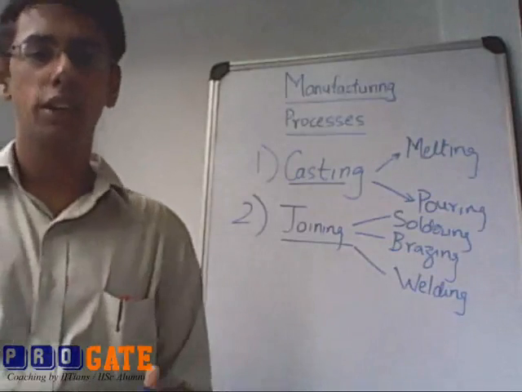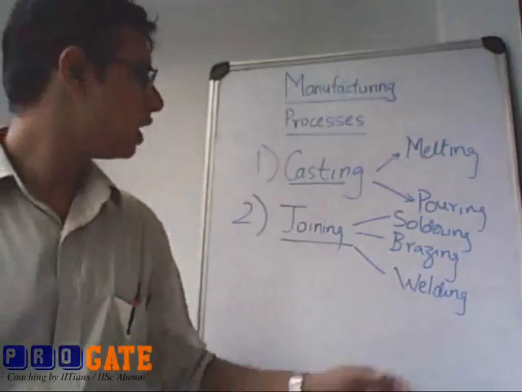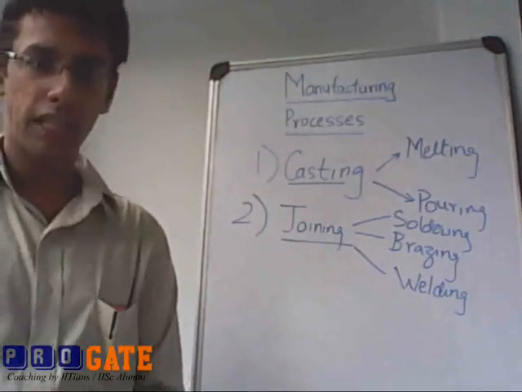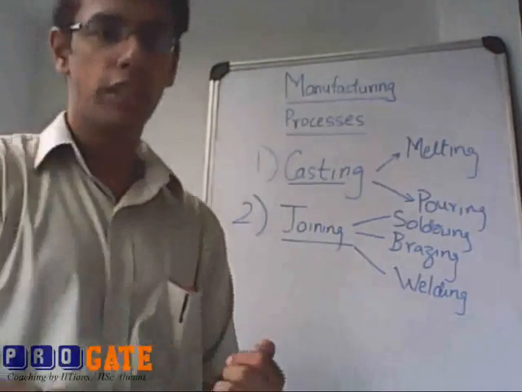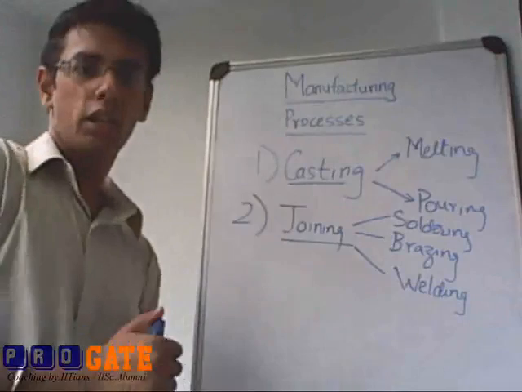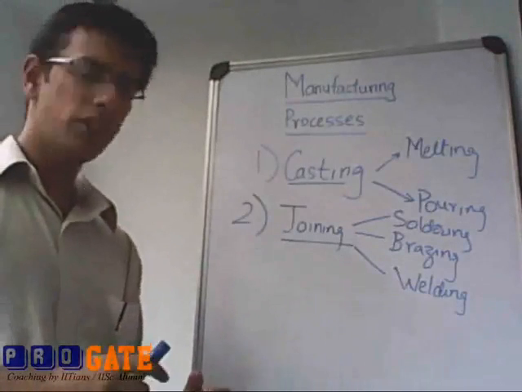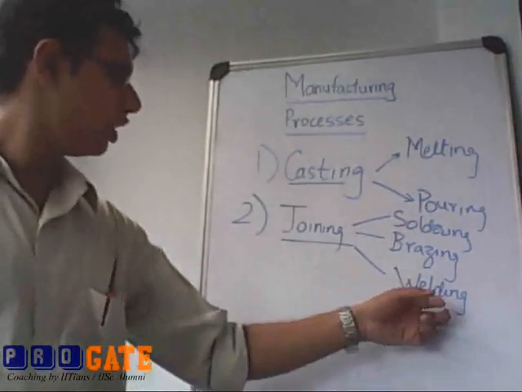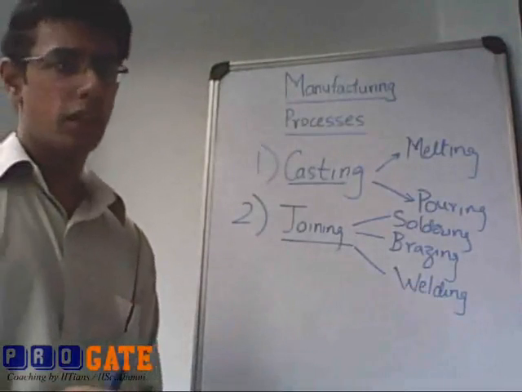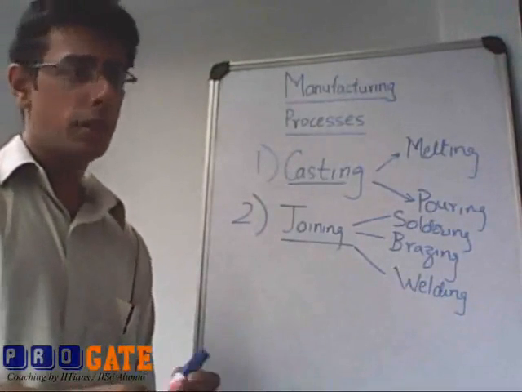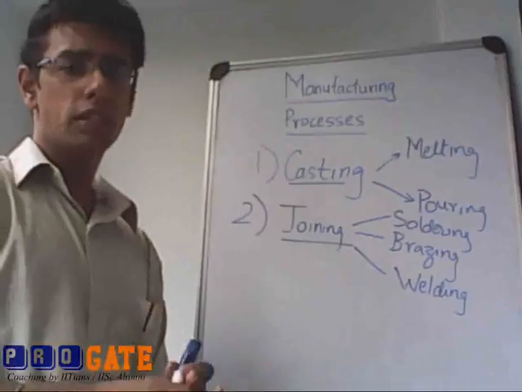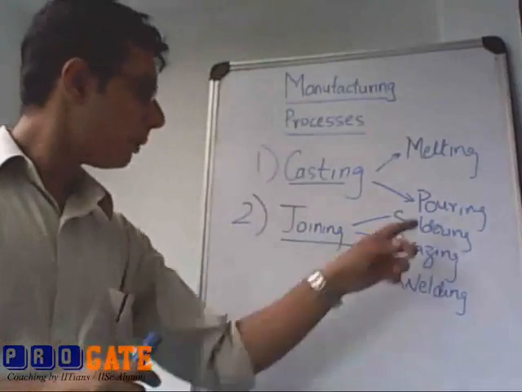You apply heat using different heat sources. You may use a flame gun, you may sometimes use an oxyacetylene torch, you may use electric arc welding, you may use gas tungsten arc welding. So there are a lot of different types of welding available to you. The underlying principle being that you join two materials using the highest temperature among the three processes.